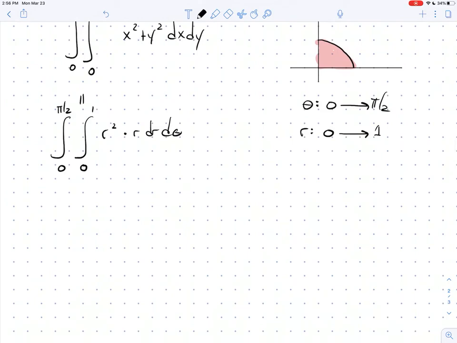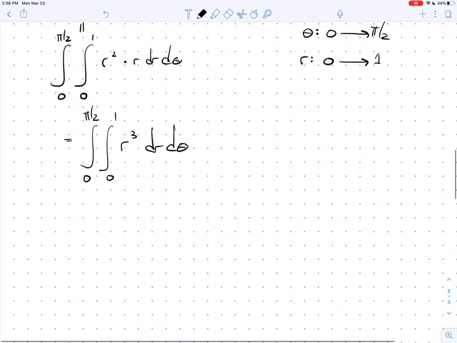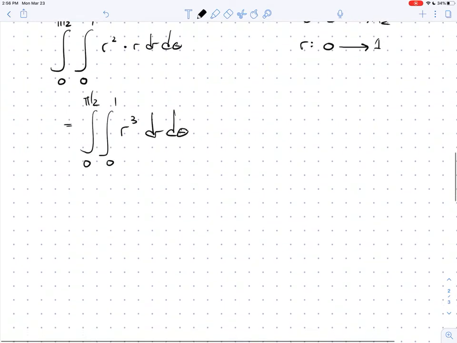And now this is equal to the integral from 0 to 1, 0 to pi halves of just r cubed dr d theta. At this point, you don't need to do anything else other than just standard integration. We've just rewritten this integral in terms of r and theta. You just treat these exactly like you would any other variables.